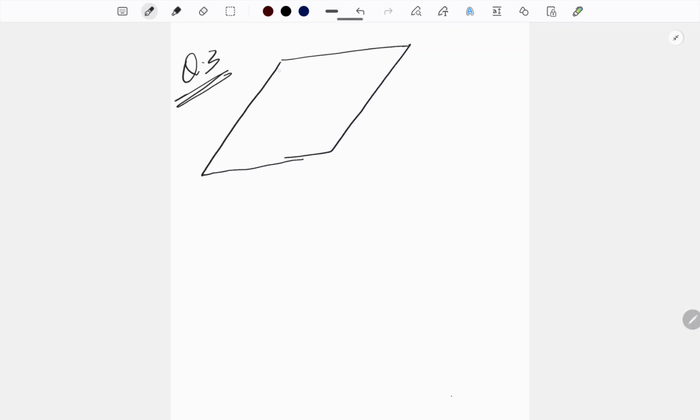ABCD is a parallelogram, A, B, C and D. Now it is given ABCD is a parallelogram and it is given AC bisects angle A. Okay.